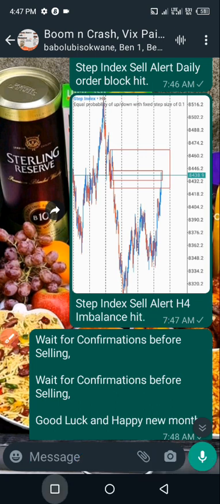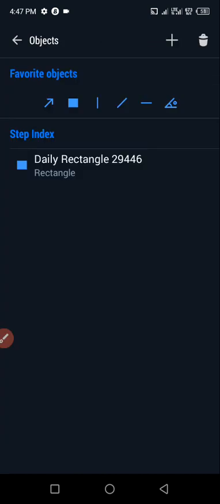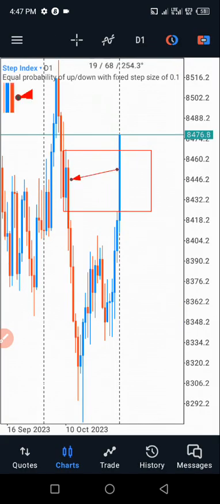All right, so on the daily time frame on step index, I noticed an order block here. So this was my order block on the daily time frame. Okay, so the market sold at this point after this order block was created here.